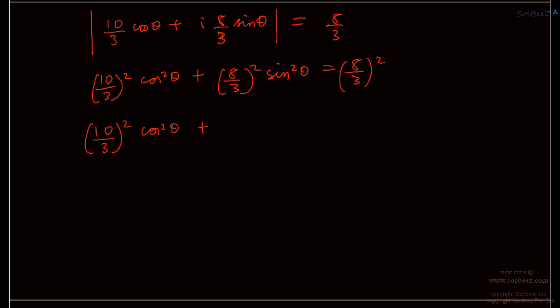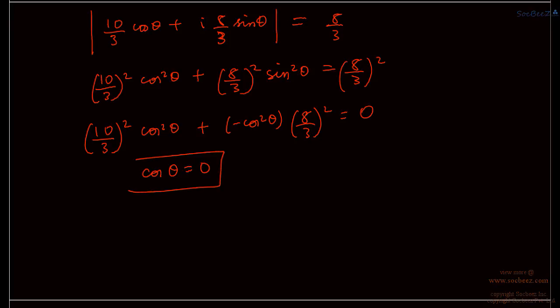I take my 8 by 3 squared to the right hand side, and this gives me minus cos squared theta into 8 by 3 squared. So the coefficient is 10 by 3 squared minus 8 by 3 squared, which is non-zero, and hence cos squared theta is 0, hence cos theta is 0, hence theta is equal to plus or minus pi by 2, right?